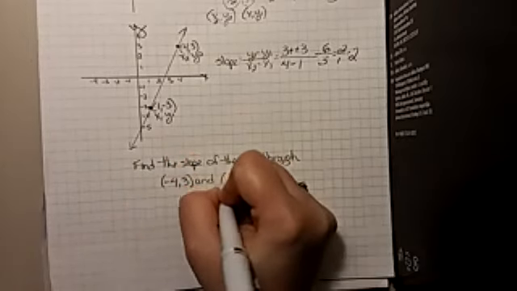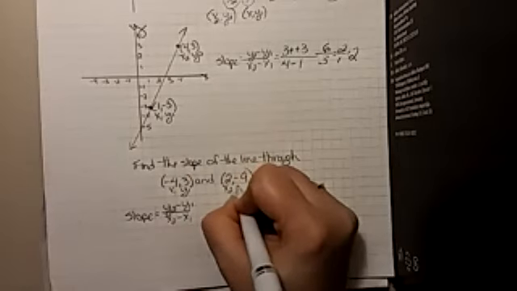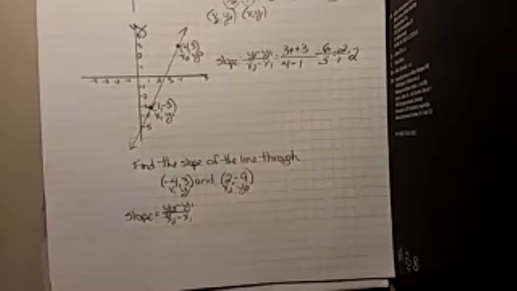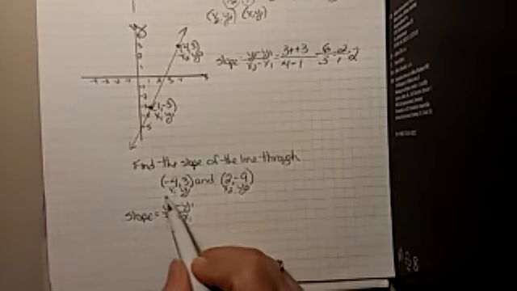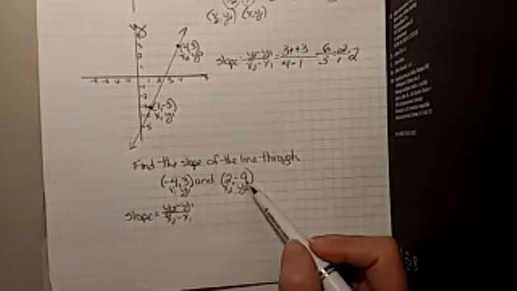Let's label them. I'm going to call this one x1, y1. I'm going to call this x2, y2. It doesn't matter if you called this x2, y2 and this x1, y1. As long as you label them consistently, you're going to get the same answer. And now let's do our substitution.